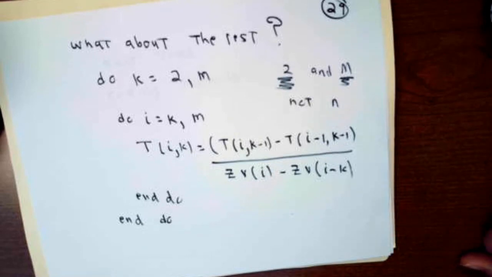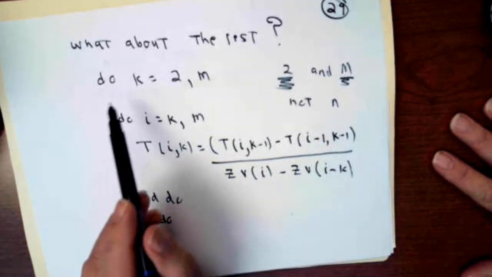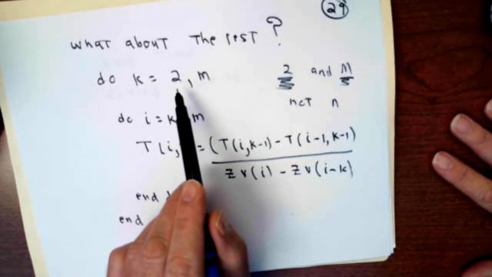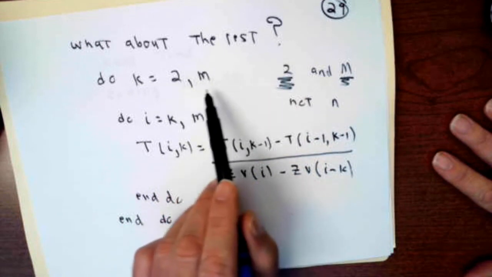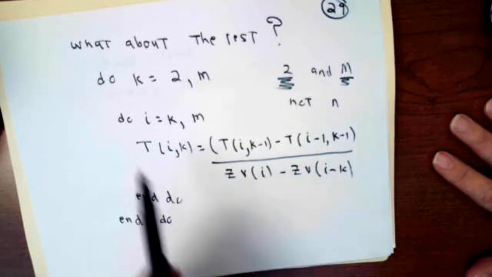What about the rest? There's no problem with the rest. We have figured out how to do this previously with the Newton form. Once we get past column k equals 1, everything works exactly as it did with the Newton form. So I'll look at columns k equals 2, because we already did 1, out to not n, but m, because we're doing the Hermite form.